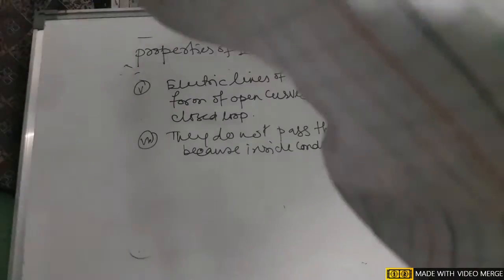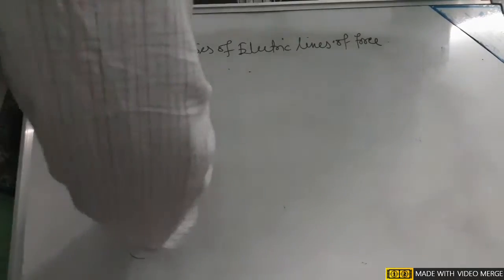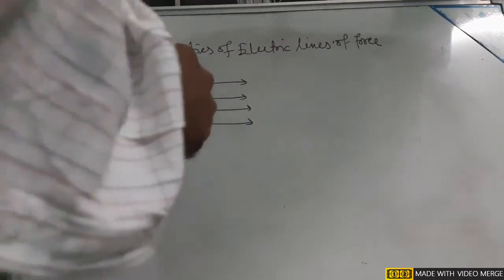Next we will come to the uniform electric field and non-uniform electric field. How do we represent them? Because the field we represent in terms of the lines of force. So in case of the uniform electric field, these are the lines and they are equally separated. So equal separation, this is the uniform electric field.